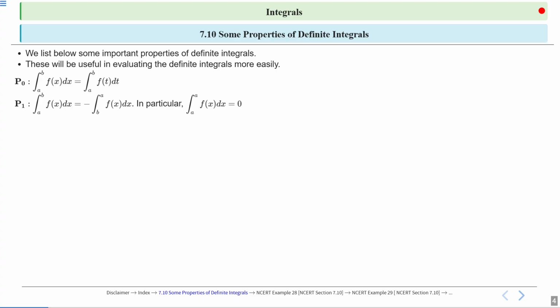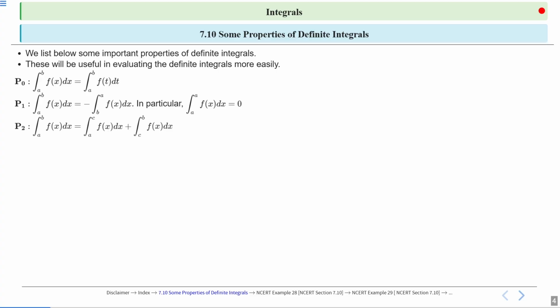In the first, the upper limit is b and the lower limit is a, but when we put the negative sign, the upper limit and lower limit are reversed. Now a is the upper limit and b is the lower limit. Okay. In particular, the definite integral from a to a f(x) dx is 0.